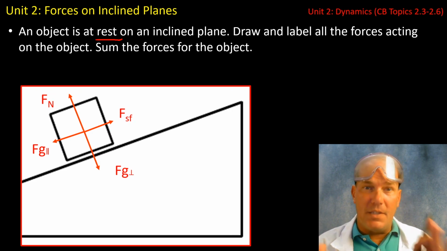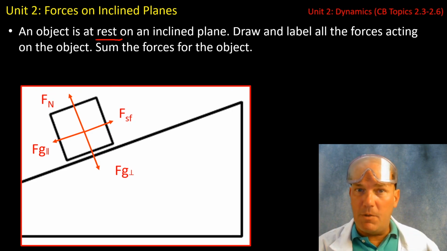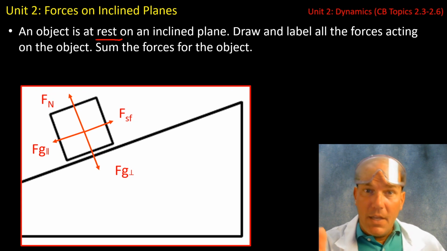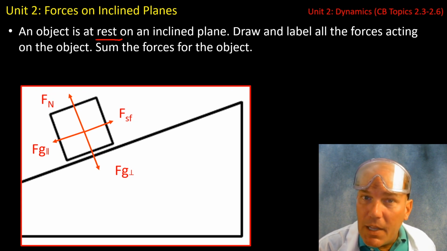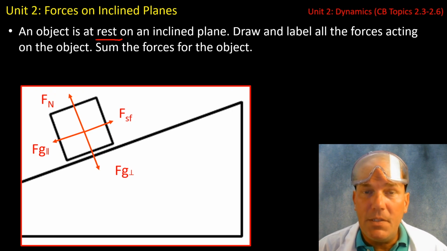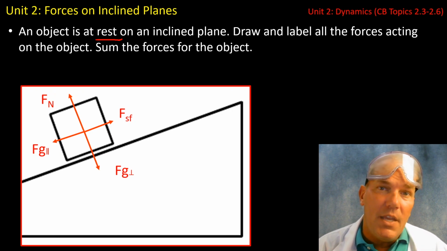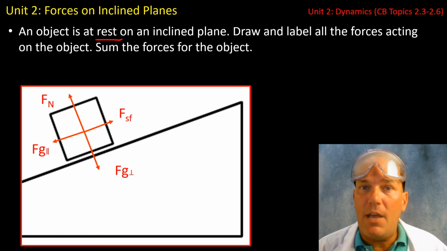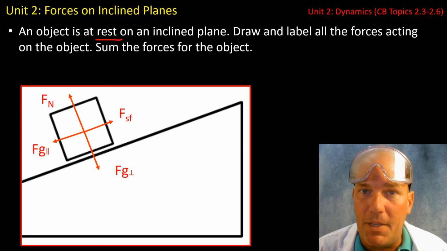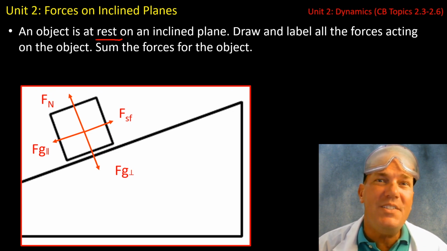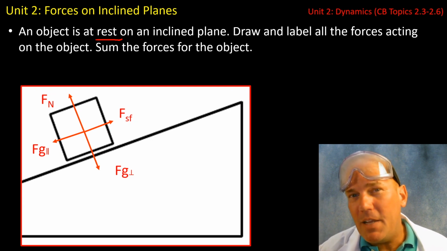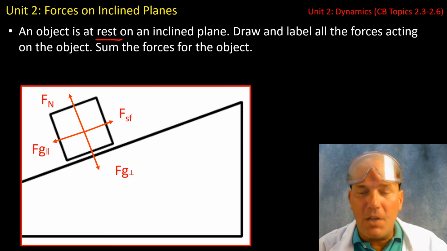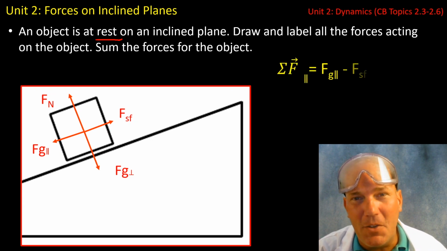If it was frictionless under these conditions and we removed force of friction, again, it would be accelerating down the inclined plane. But in this instance here, the force of static friction is matching the downward parallel force of gravity, which means we haven't quite reached that force of static friction threshold that we talked about in previous videos.